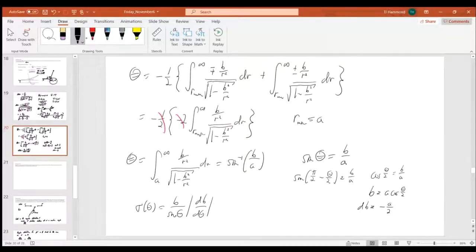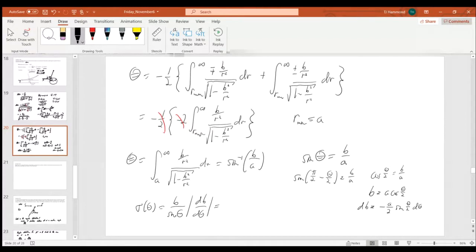So remember, what we're going for is sigma of theta, which is equal to b over sine theta times db by d theta. So what we have from here is db is equal to negative a by 2 sine theta by 2 d theta.